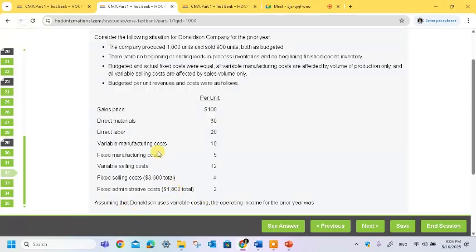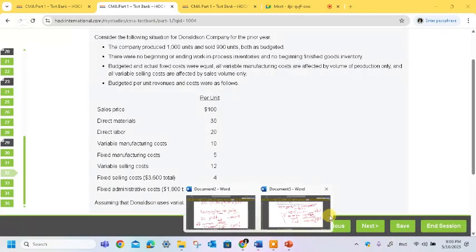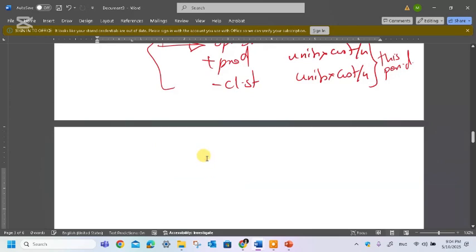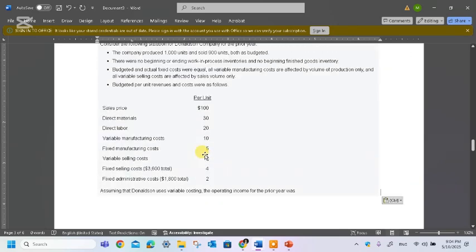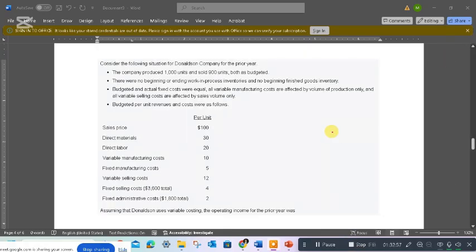Assuming the company uses variable costing, what was the operating income for the prior year? We did the same thing with absorption costing earlier. Now they are asking variable costing. Selling price 100, variable costs 30, 20, 10, 12.